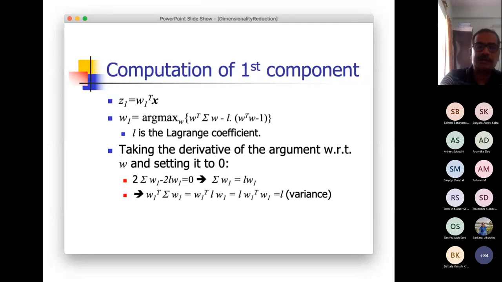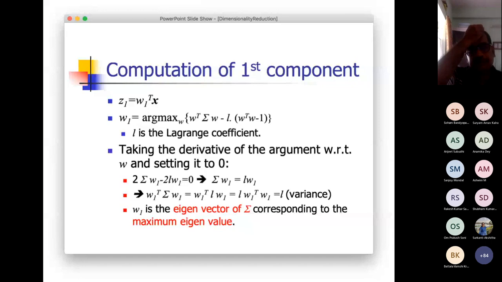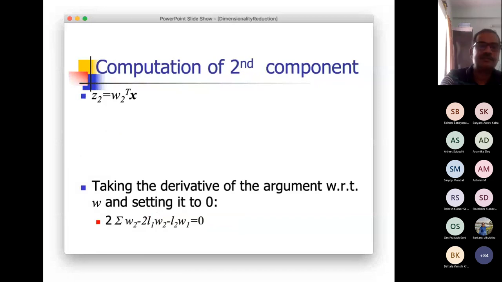So it's the eigenvector corresponding to the maximum eigenvalue. That is the solution for W. That gives you one principal direction and also the principal component, and its variance is also obtained from the eigenvalue itself.